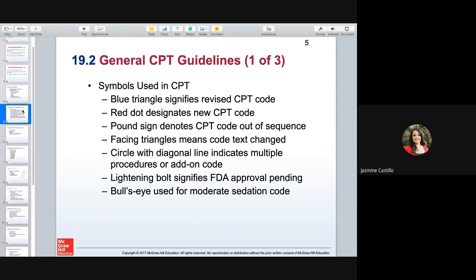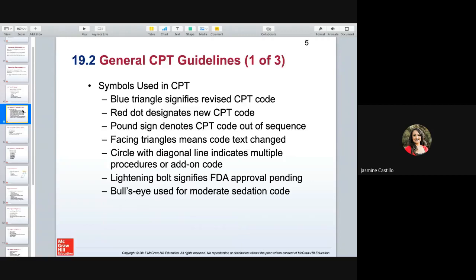I think it's not named. It doesn't say what figure it is, but it's on the first page, and it says CPT codes are organized into 6 main sections. It tells you the section, and then it gives you the range of codes. You'll need to know those ranges of codes for your homework for tonight, okay? So make sure that you review that picture in your book so that you can follow along with that assignment for tonight.